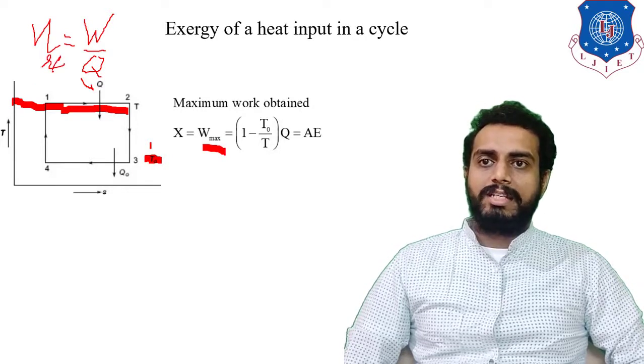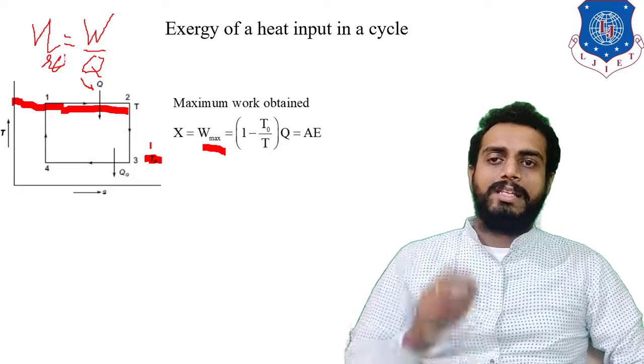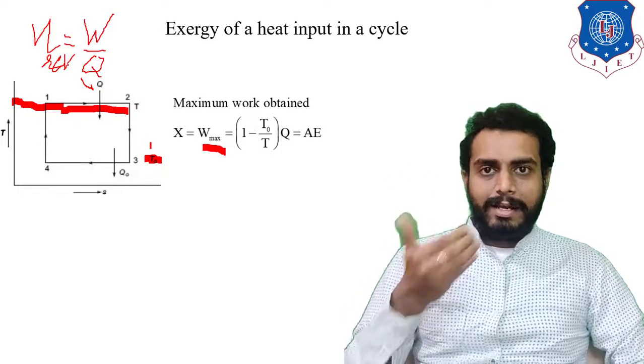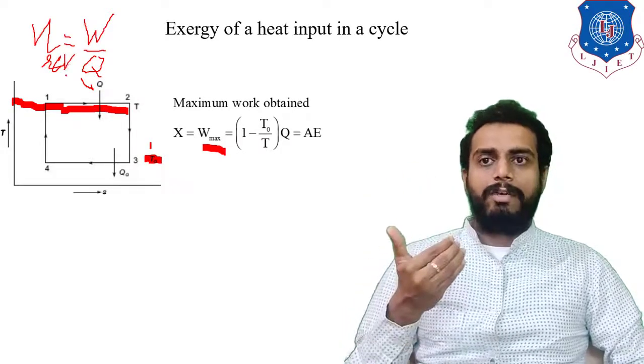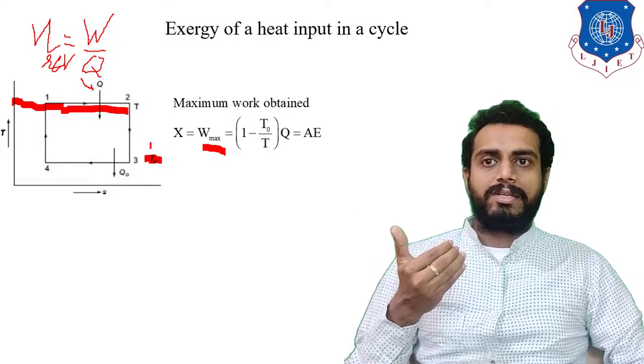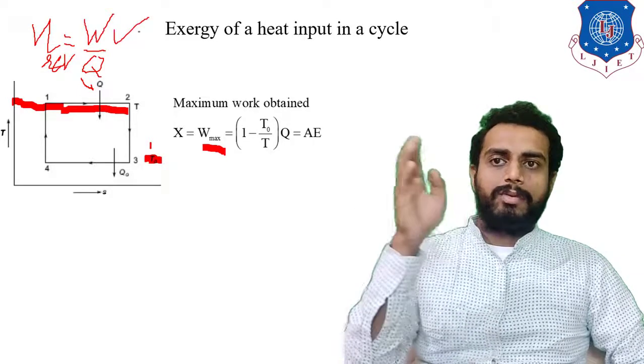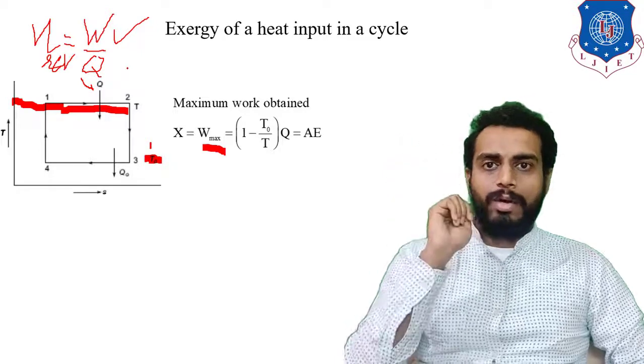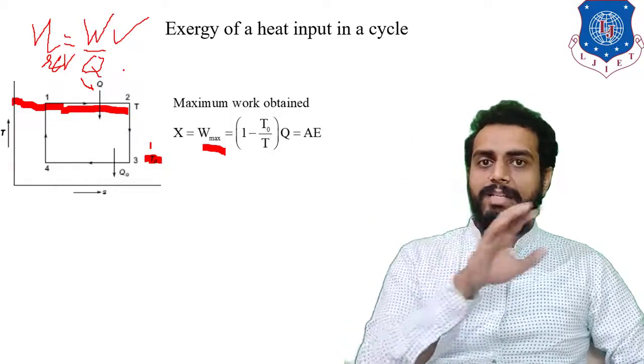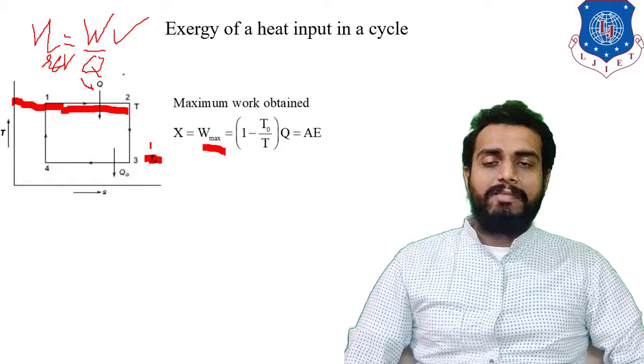And you know that reversible efficiency can be achieved using the Carnot cycle, right? So if you make W the subject in this equation, W is equal to eta reversible into Q. So what is eta reversible equal to?